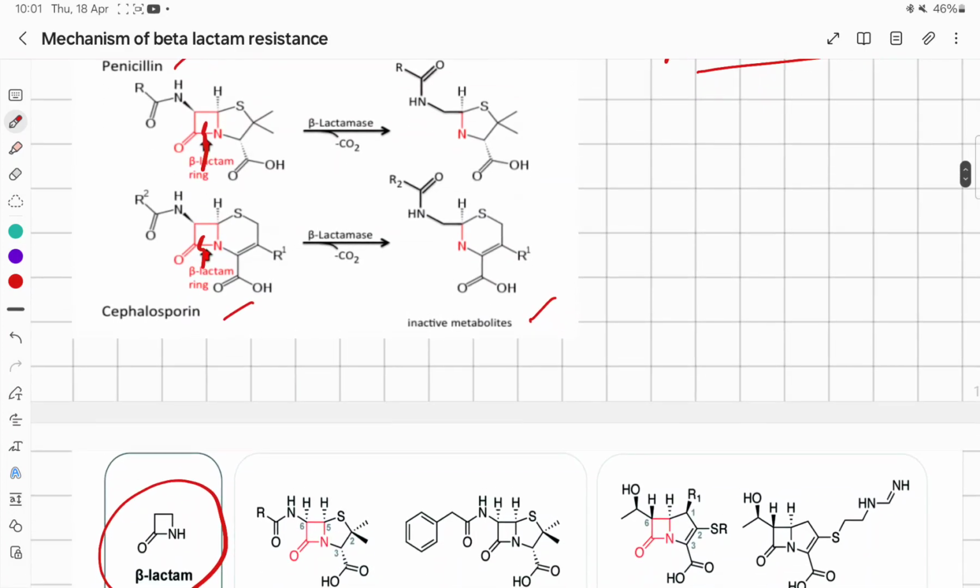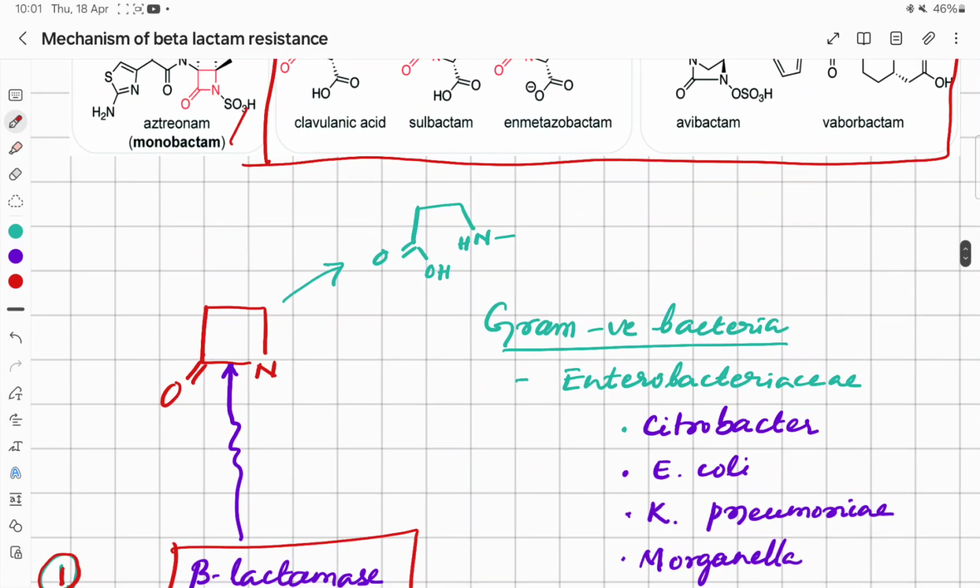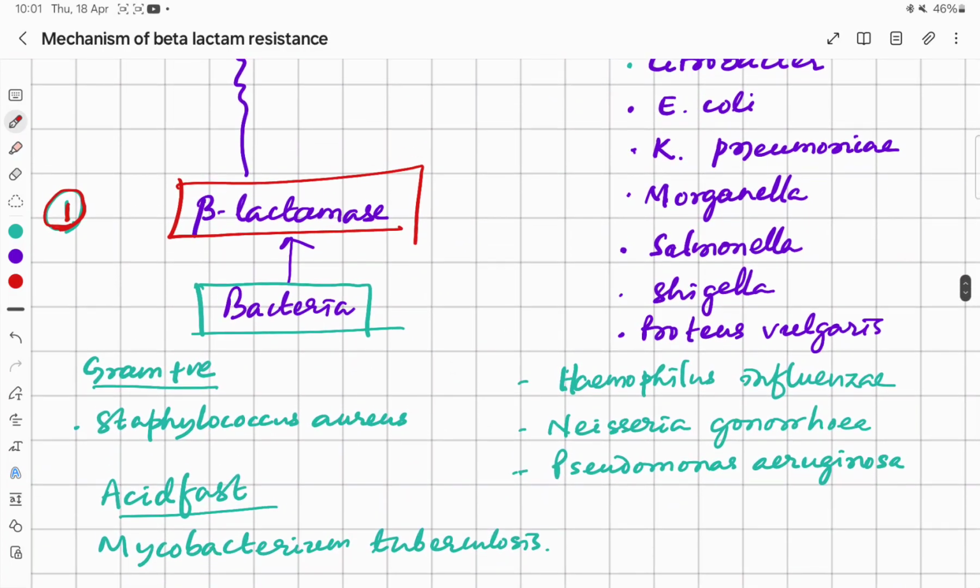And this is the reason for beta lactam resistance. The first reason is bacteria producing beta lactamase, which destroys the beta lactam ring and is responsible for the loss of antibacterial activity of beta lactam antibiotics. So there is beta lactam resistance.